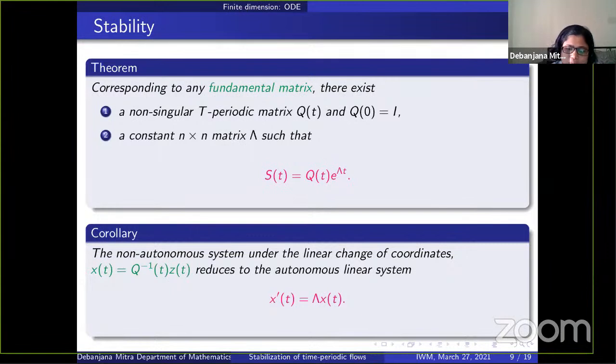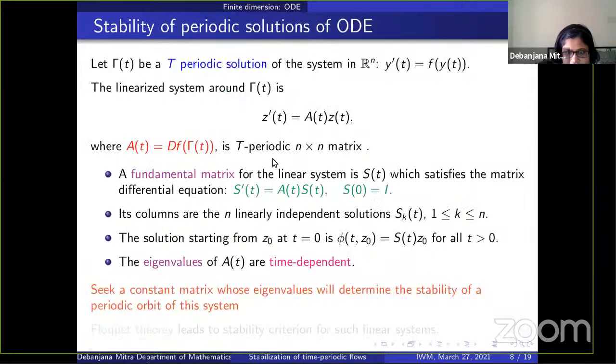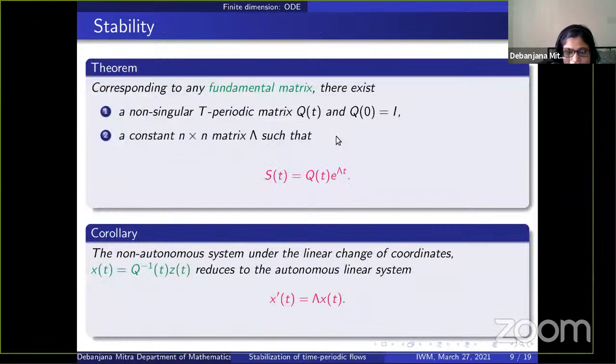So now I want to relate what is the corresponding operator or corresponding mapping for the original A(t) system, that is this z prime(t) equals A(t) z(t) system. We should consider a mapping whose eigenvalues or whose spectrum can be determined or related to the spectrum of this matrix gamma. Is there any way to do it?